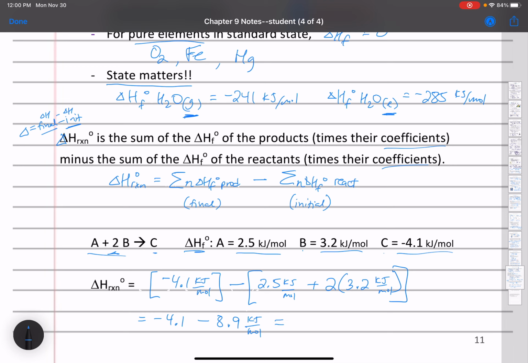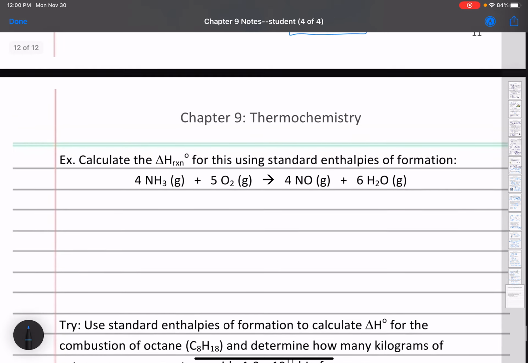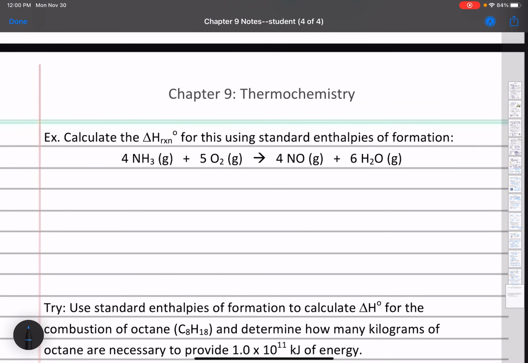So the heat of this reaction is negative 13.0 kilojoules. So as written, the heat of this reaction is negative 13 kilojoules. And we figured that out just using a table of values of the heat of formation of the different substances. So that was a very generic problem based on fake substances.